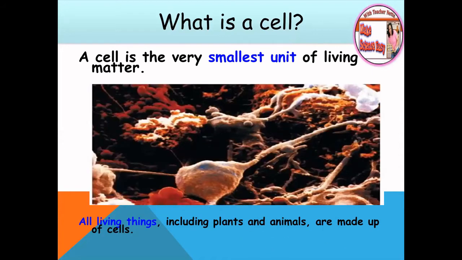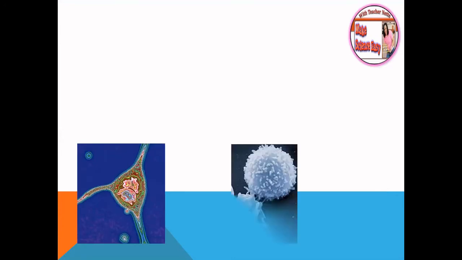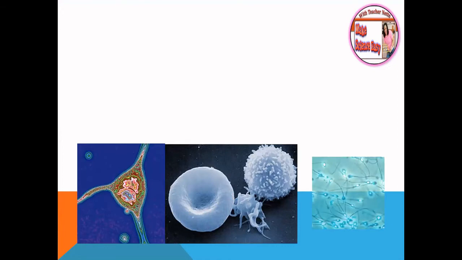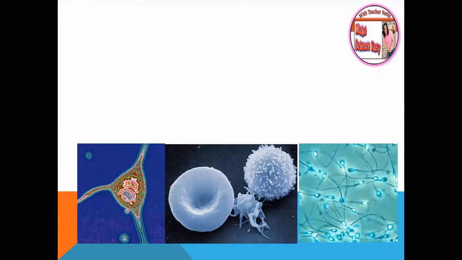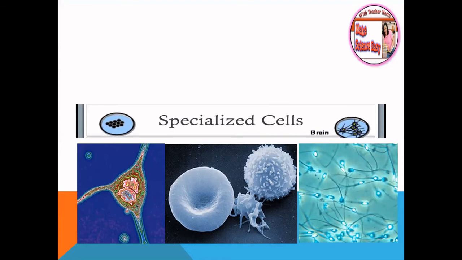All living things, including plants and animals, all of them are what? Made up of cells. So, by looking at it, can you name some of these cells? They are not only cells, but they are called specialized cells.